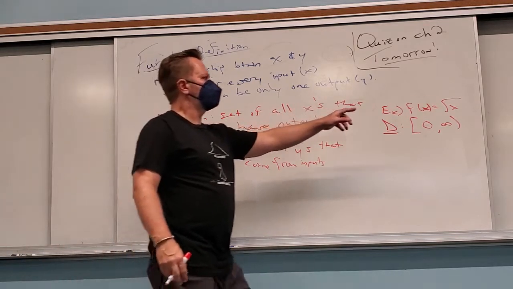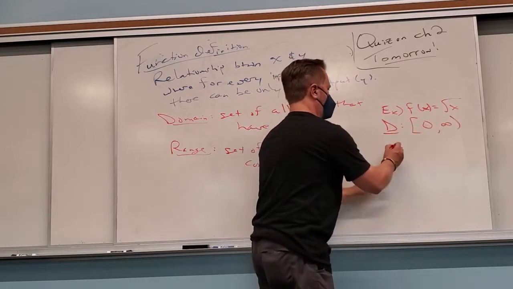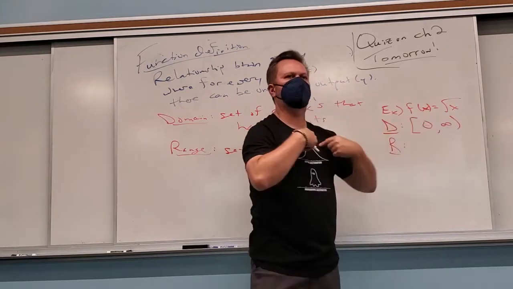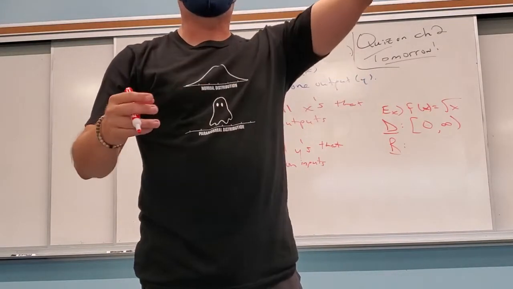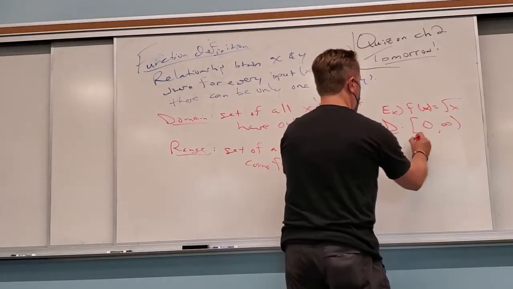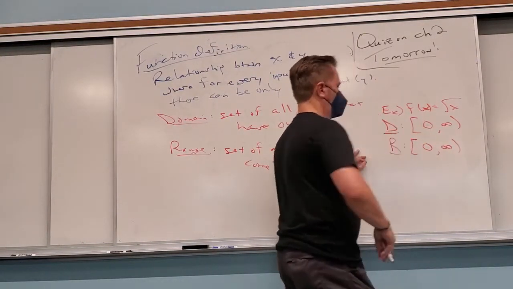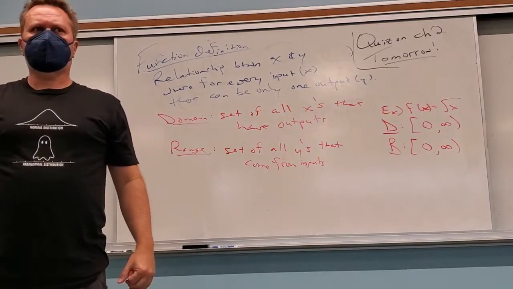Can you guys think, what's the lowest output that I could get from this? What's the smallest number that can come out of a square root? 0. And then it just grows from there. You guys with me? So the range is actually the same as the domain here, just because that's the way the function works. Okay, I like it.